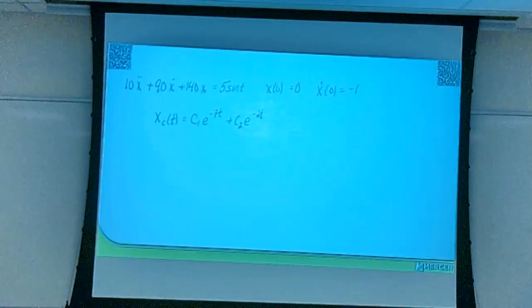Variation of parameters. You want to use variation of parameters? You can, you're not wrong.